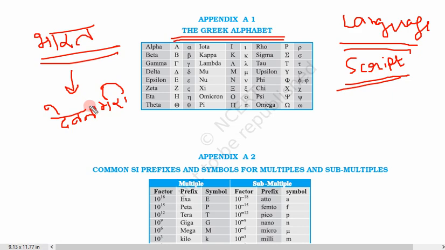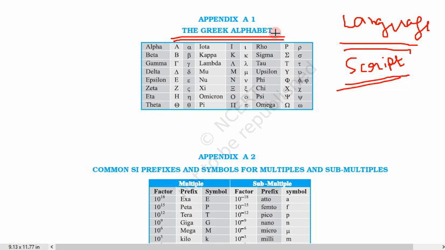Devanagari. So Hindi is written in Devanagari. Now what about English? English is the language and its script is Latin. English is written in Latin.